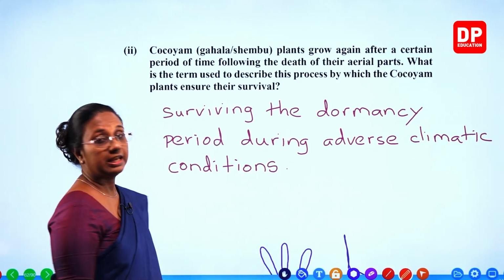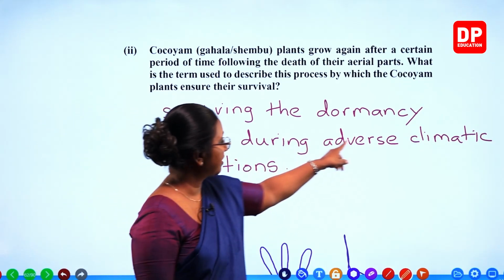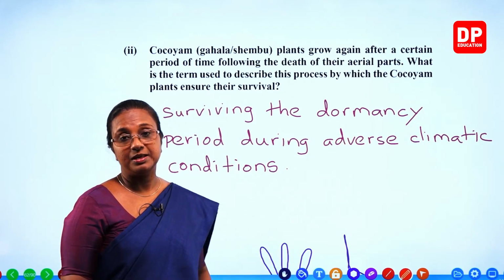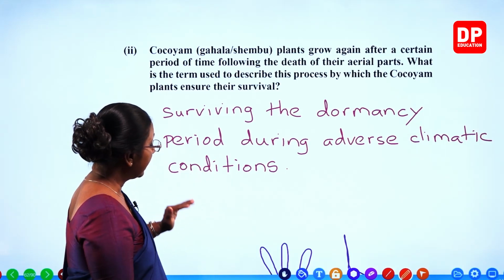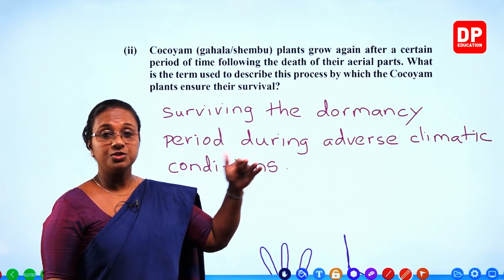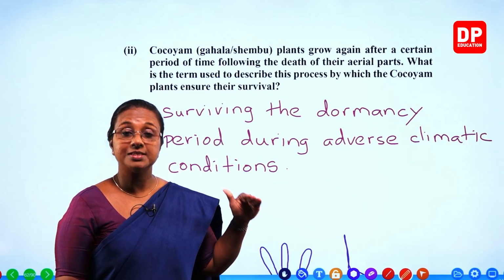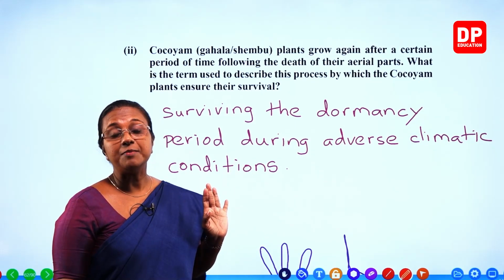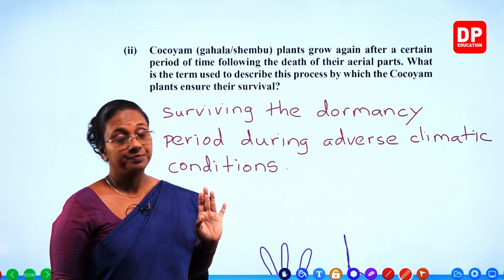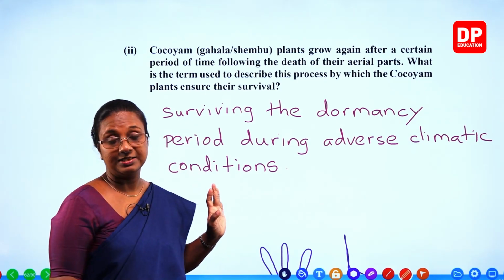So that is very important, students. You have to specify the word, the dormancy period or dormant period. Is that clear? So during that time, the aerial parts are lost, only the underground stem survives. And it helps the survival of that particular plant. That is what we need to write here.